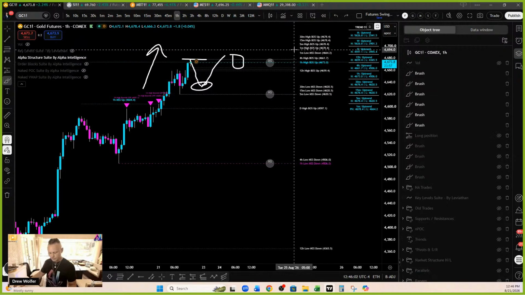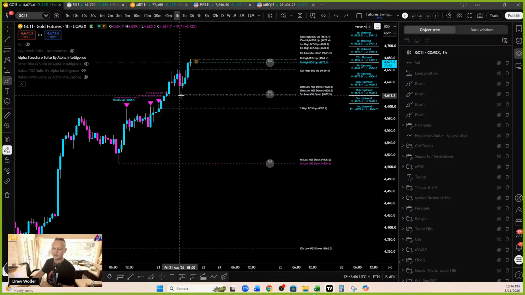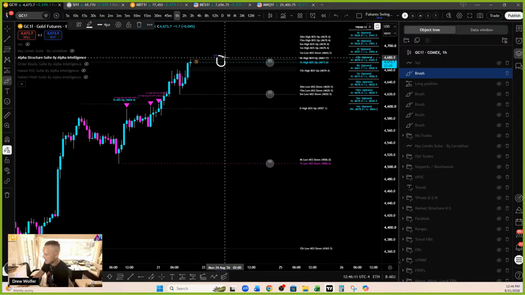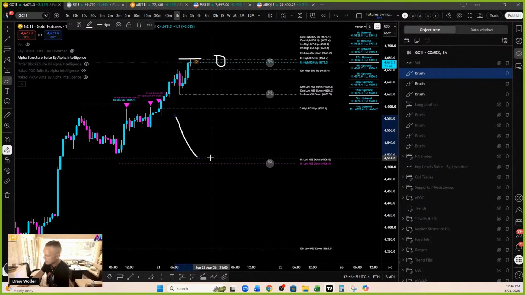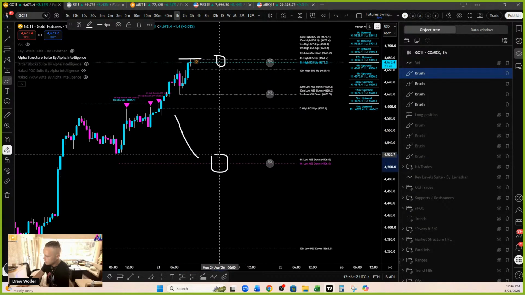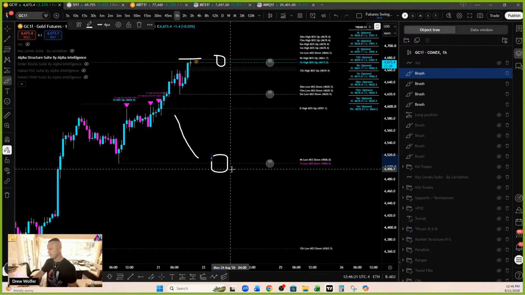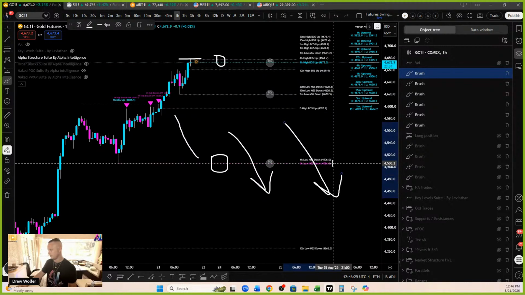Now, there's one criterion that has to happen on the break of structure. In order for this break of structure to be valid, this is your high. You cannot come down here and close a candle under the 1 hour low, because if you did, guess what? That's a market structure shift, and now you're back in a downtrend, okay?